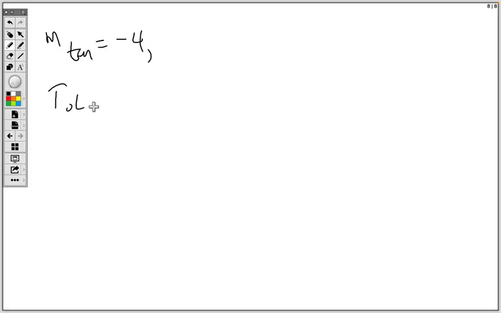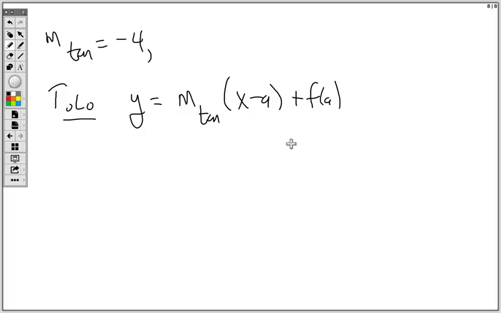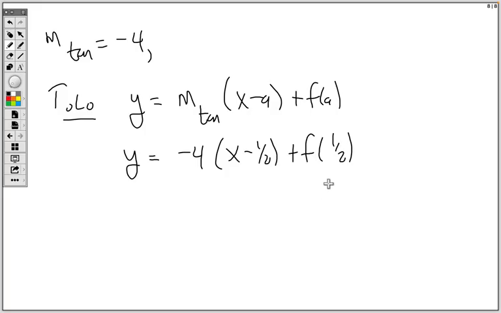So the slope of the tangent line here is negative 4. The equation of the tangent line, y equals the slope of the tangent line times x minus a plus f of a. The slope here is negative 4. The x value is 1/2. We know the function value is 2.